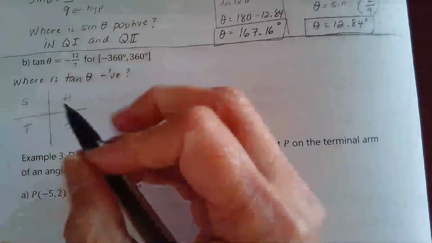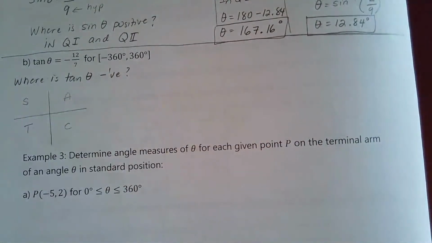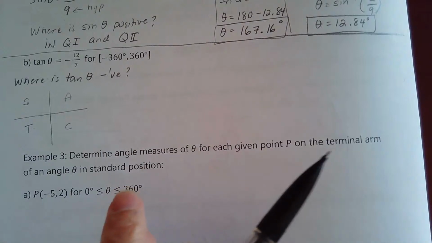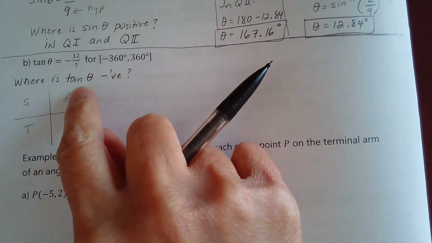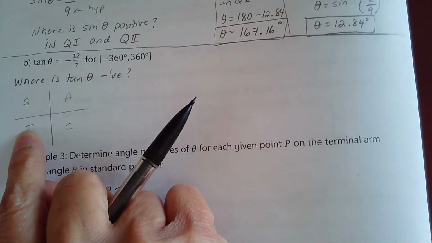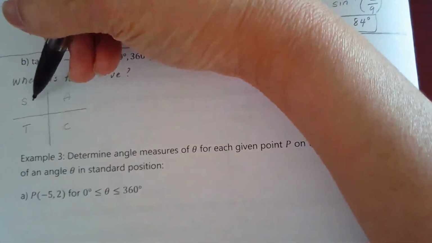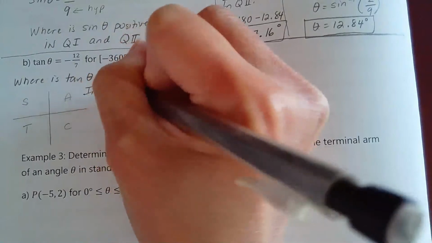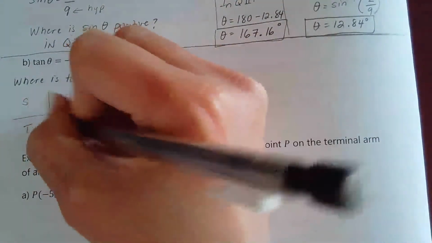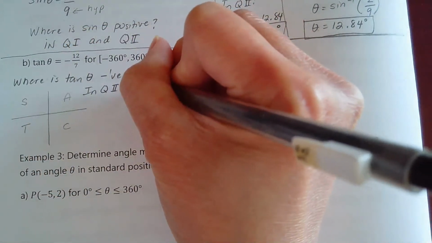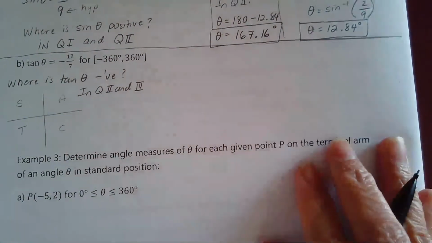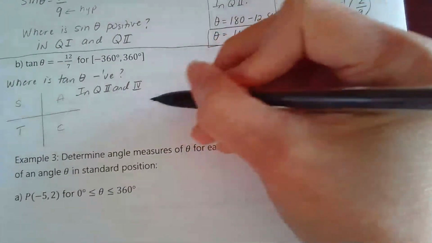This is quite helpful to figure out where the solution lies. So where is tan negative? Tan is positive here and tan is positive here. So tan is negative in quadrant 2 and quadrant 4. Okay, so I'm just going to draw that out. Erase this part.